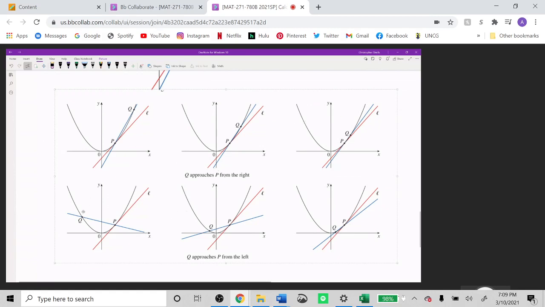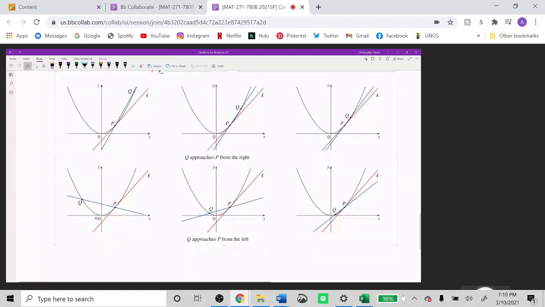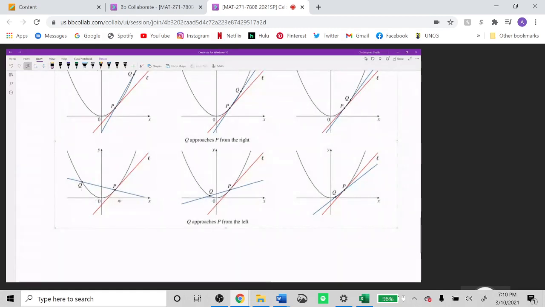And again, we could have chosen a point way over here on the left, right? If we had chosen a point far enough on the left, we would have had a slope with a negative value, right?